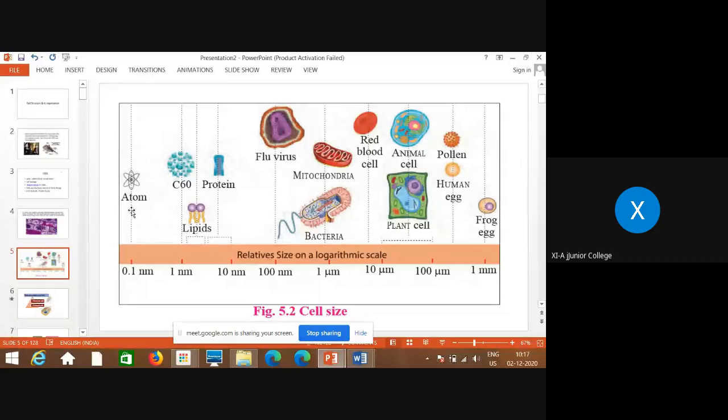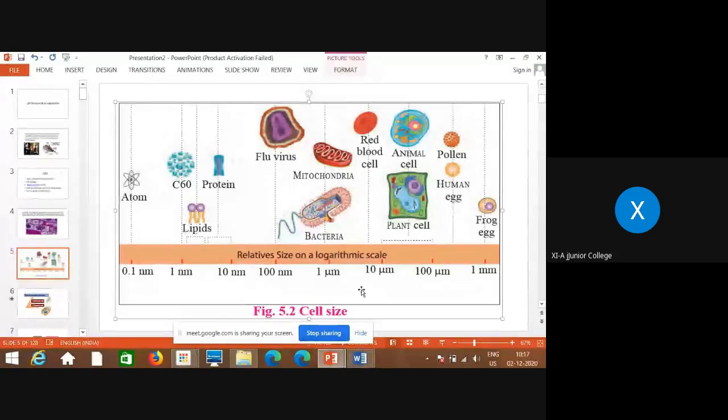This is the atom, whose size is given as around 0.1 nanometer. Then C60, a type of carbon molecule, whose size is almost 1 nanometer. Then lipids, proteins, then viruses, then organelles of eukaryotic as well as prokaryotic bacteria, then RBC size, animal and plant cells, then pollen grain size, human egg, frog egg.